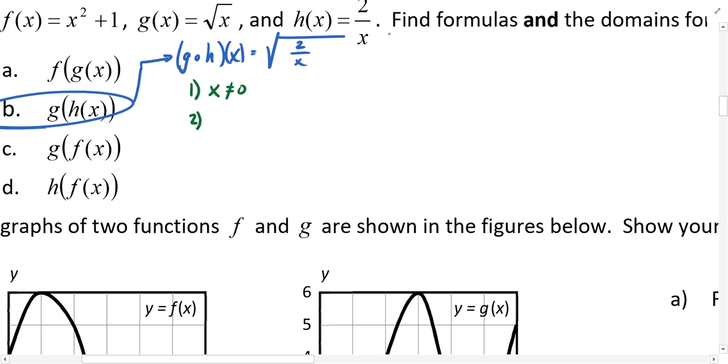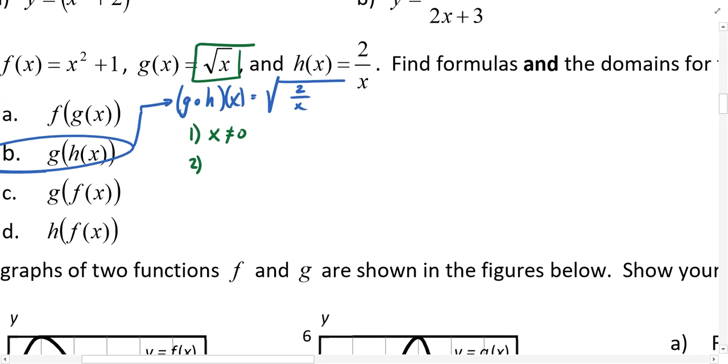For step 2, we find the domain or the restriction of the domain for the outer function, which was this guy here. So we don't want x to be 0 for the inner function, and on the outer function, x could be 0. There's no problem with that. However, we don't want numbers that are less than 0. So what I might do is say something like this.